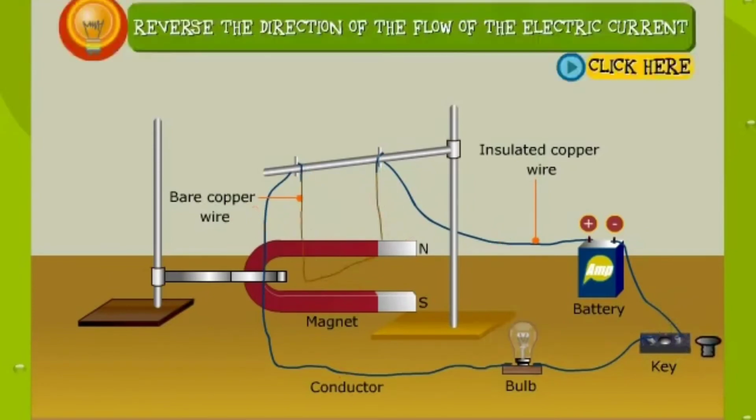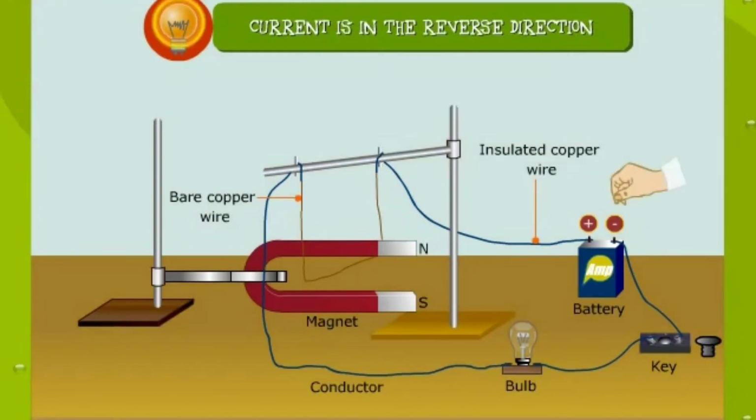Now reverse the direction of the flow of the electric current. What do you observe? The conductor moves in the opposite direction.